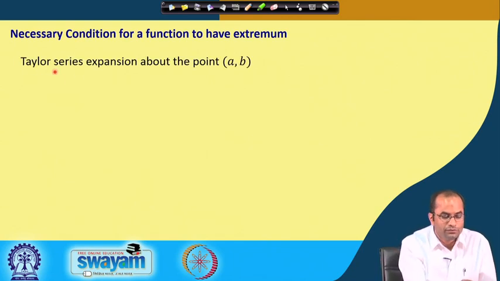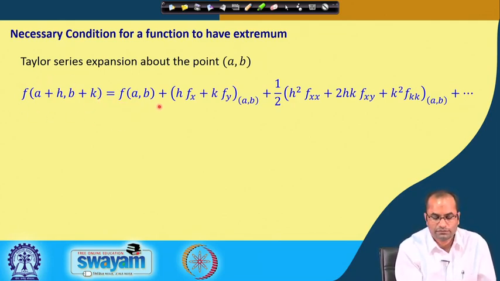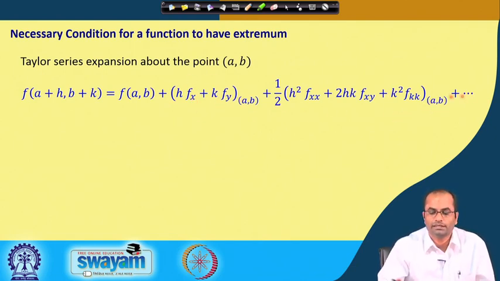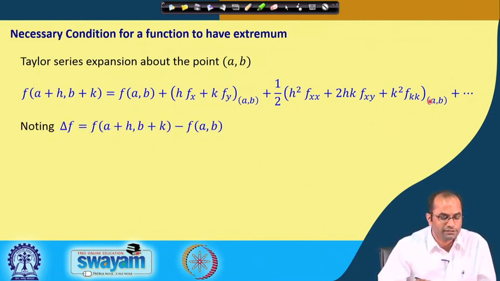If we use the Taylor series expansion about this point (a, b), what will happen here? f(a+h, b+k) will be equal to f(a, b) plus, as we have already discussed in the last lectures, h f_x and k f_y, the first order derivatives, then the second order derivatives at (a, b), and so on. We can write down this expansion about the point (a, b) as long as these derivatives exist.